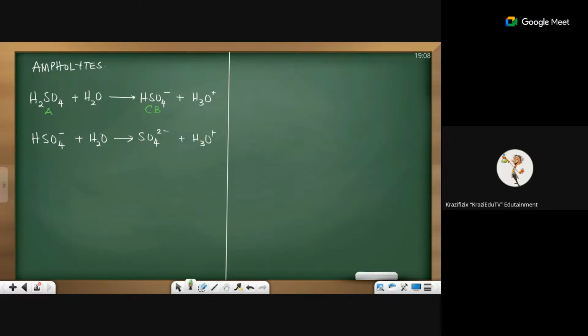Base. Water here received that proton. So what is water here? A base. And then the hydronium ion becomes a conjugate what? Acid. Are we okay with the first one? Everybody okay with that first one? Just emphasis.